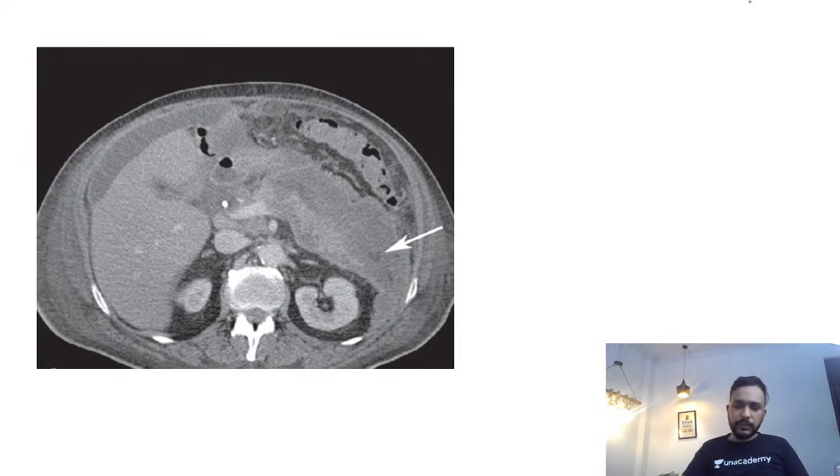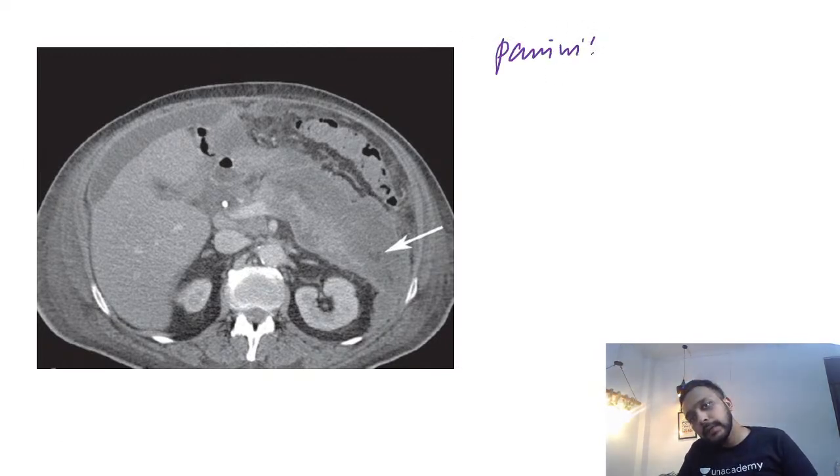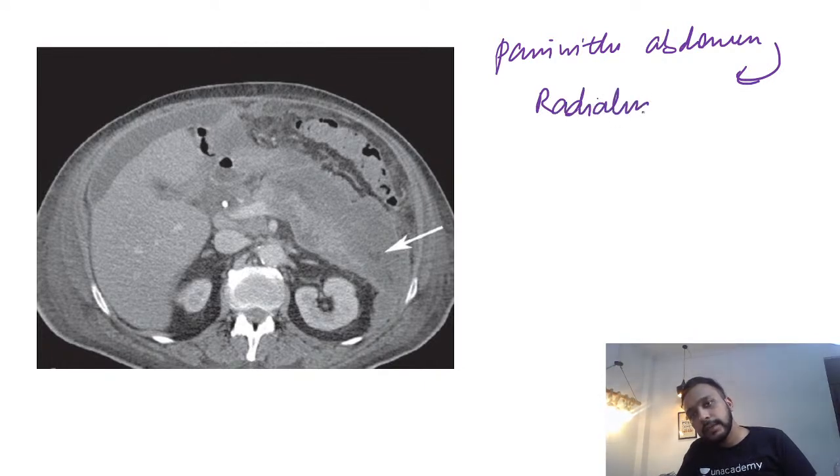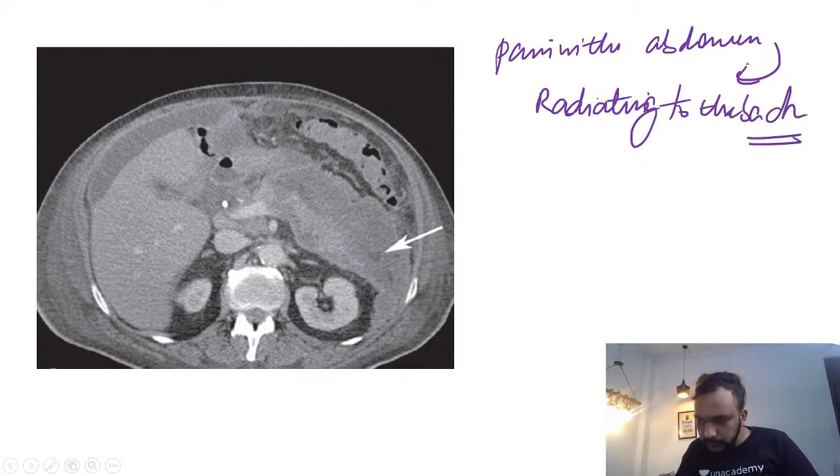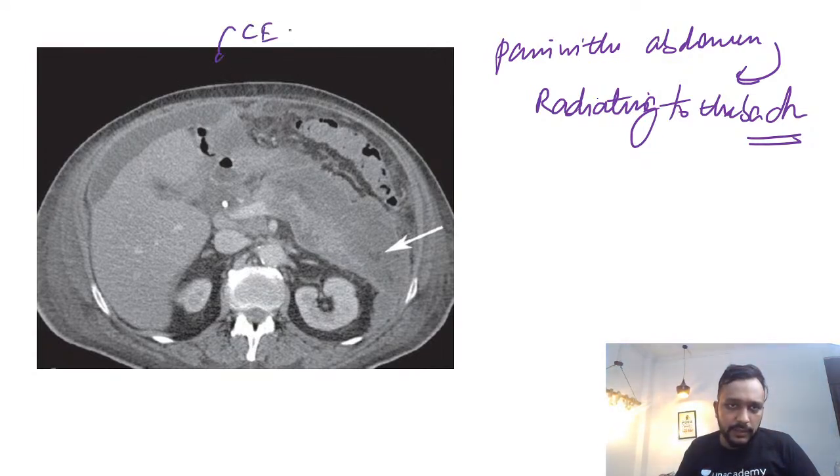So again, patient presented with pain in the abdomen, and this pain in the abdomen was radiating to the back as well. A CECT abdomen was done for this patient.